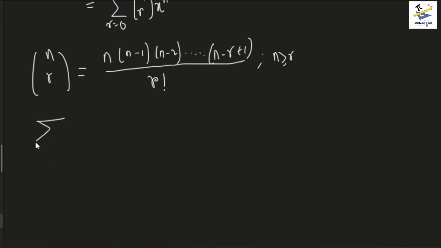Firstly, sums like the sum for k equals 0 to n of nCk. What is the value of this sum? Well, when we are trying to find this sum, we can do something like this.